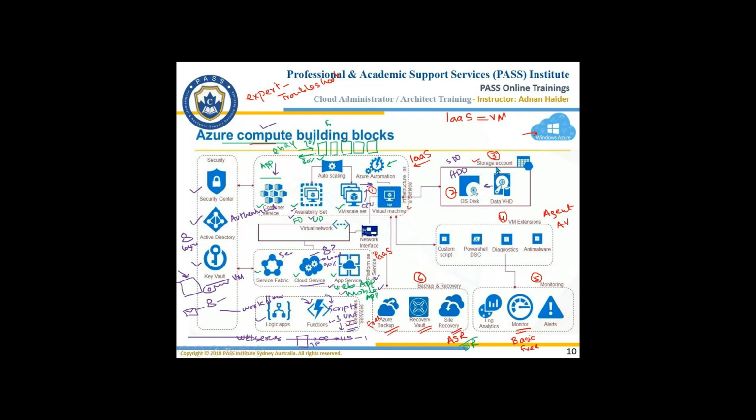That OS disk goes into the storage account, and then within the VM we can create different extensions, such as an antivirus extension, diagnostics and other things. The VMs can be monitored. Azure provides a basic monitoring feature, which is free, and there is advanced monitoring, which is paid. We can select the advanced monitoring as well.